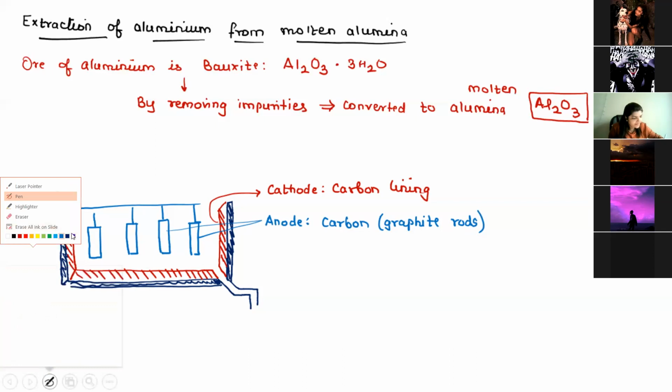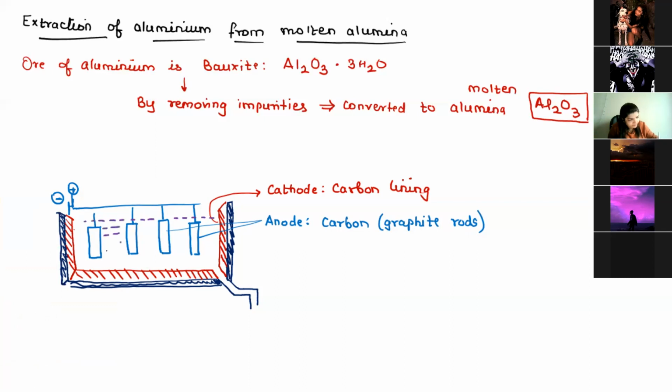Then you have an electrolyte. The electrolyte over here is molten Al2O3. Along with that, remember, it's not only molten Al2O3.